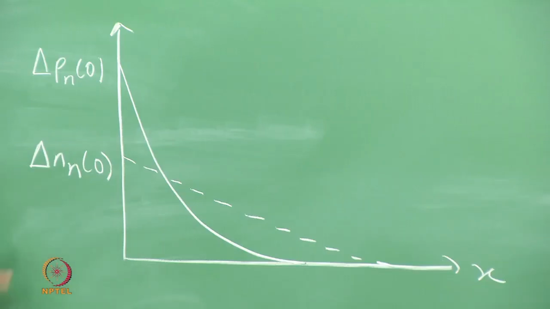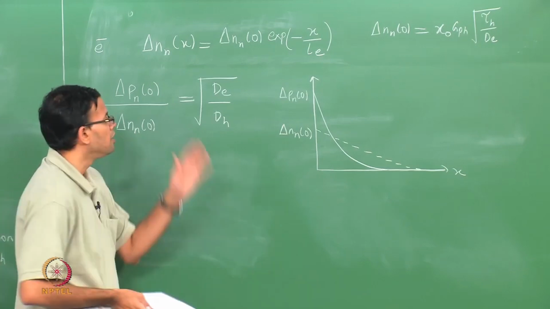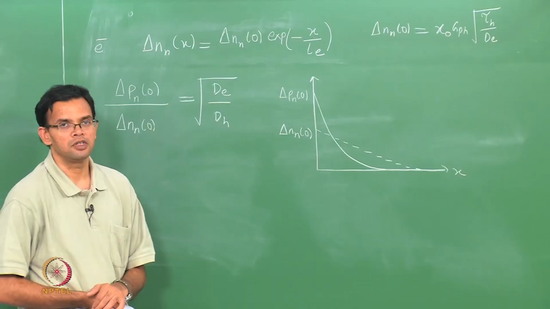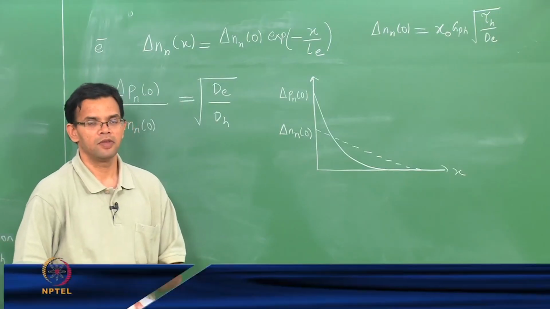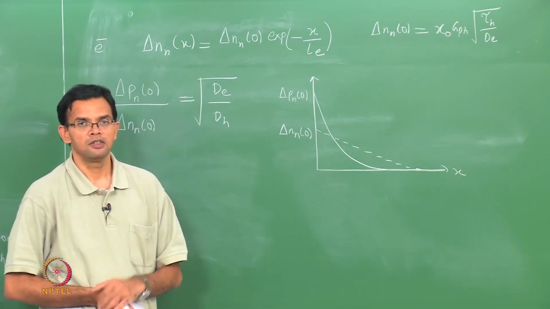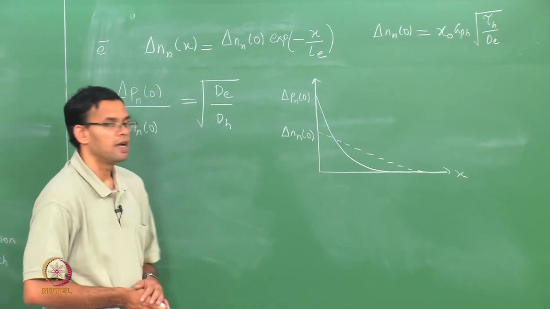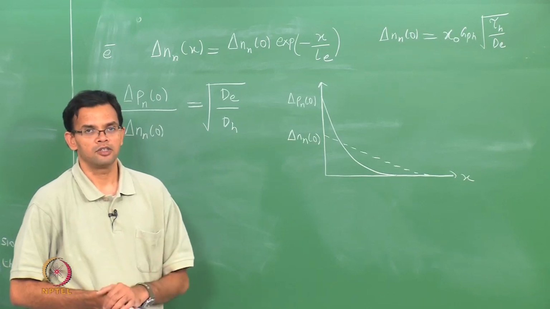So, this is what happens when you have illumination at the surface. You have electron and hole pairs generated, which then diffuse within the material in order to give you a diffusion current. So, today we have looked at some aspects of the interaction of light with the semiconductor material. So, starting next class, we will start to look at some devices and examples of where we can use this in the case of electronic materials.